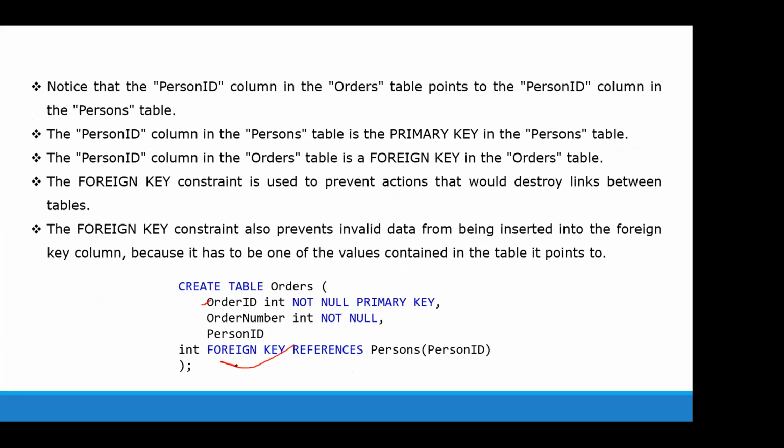Here we are applying foreign key references persons table, person ID. This person ID and the person ID in the persons table must have the same column name. We are referring to the parent table persons, so that is why it is called a referenced or parent value. So this is the definition for defining the foreign key constraint.